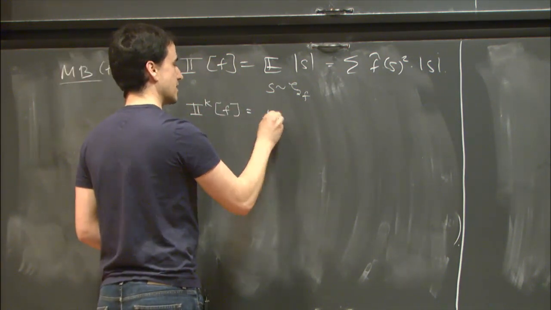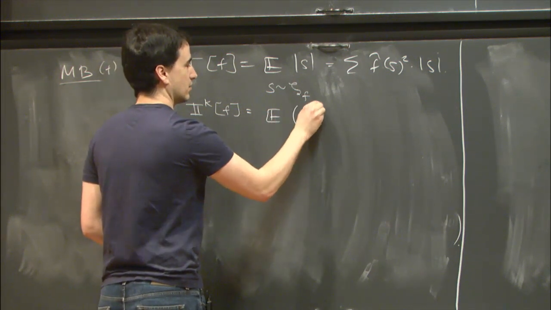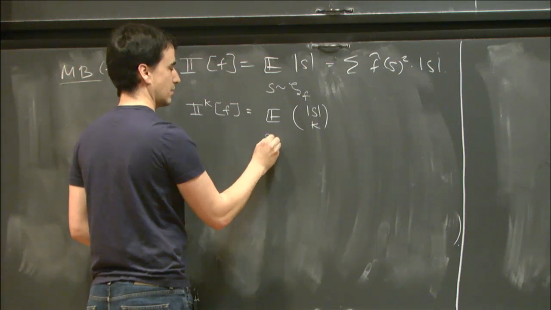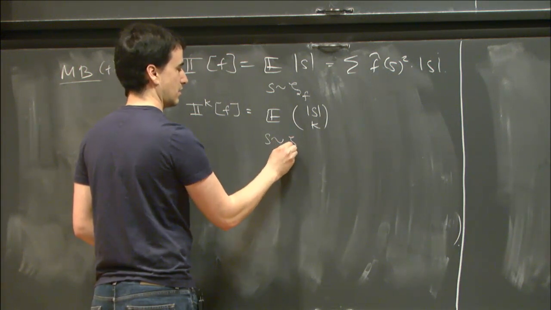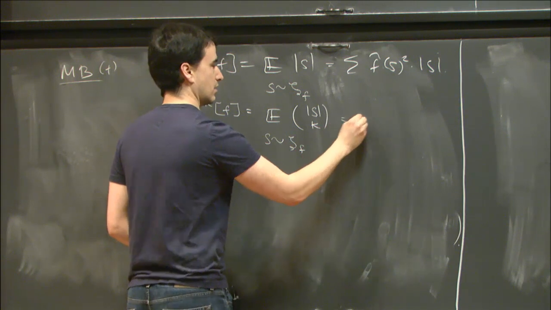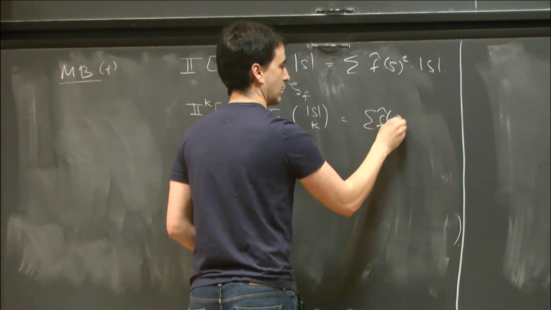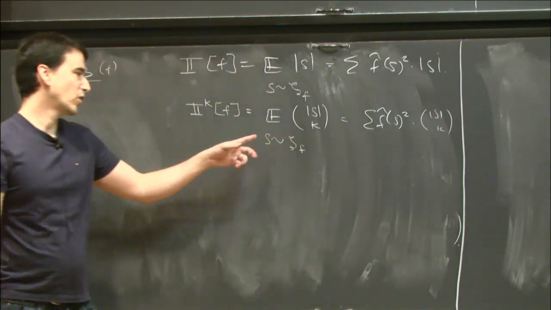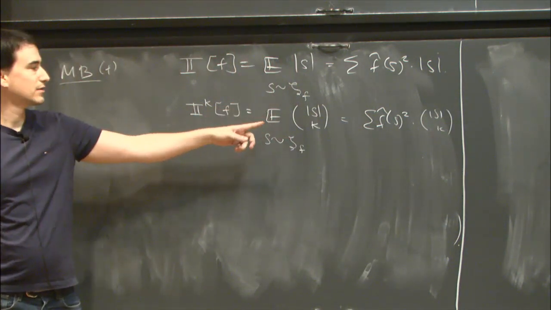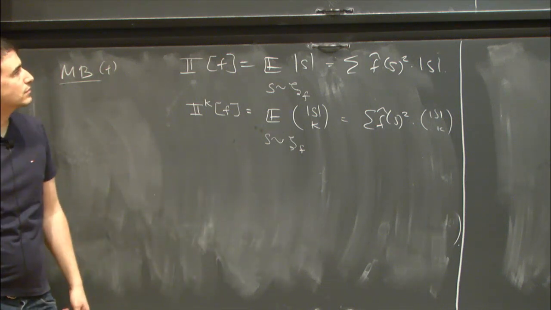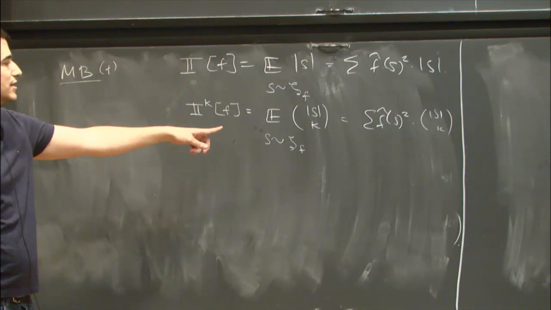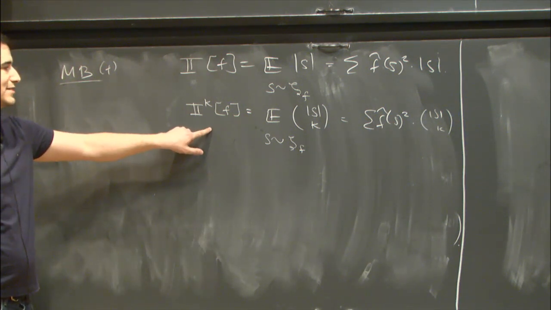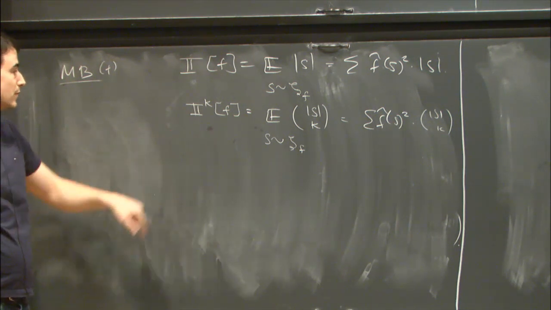The kth moment will be the expectation of S choose k. Maybe a more natural choice would be S to the k, but this will be nicer to work with, and I will show you how this comes out naturally.